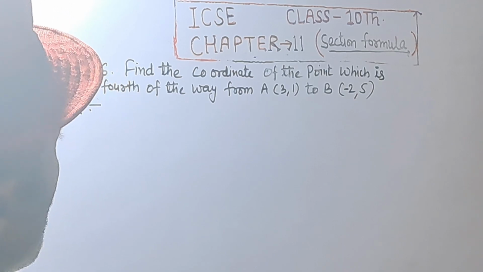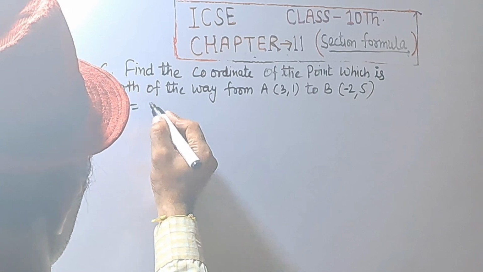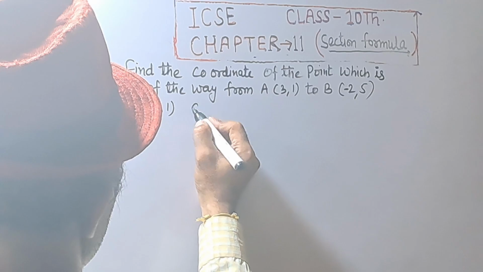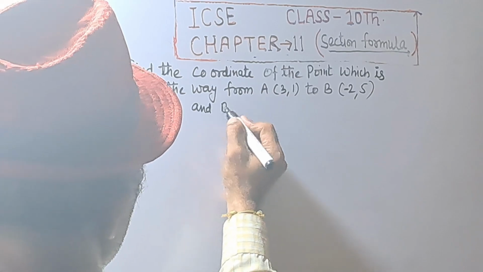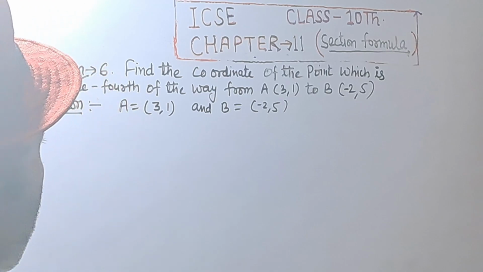to B(minus 2, 5). A is equal to (3, 1) and B is equal to (minus 2, 5).